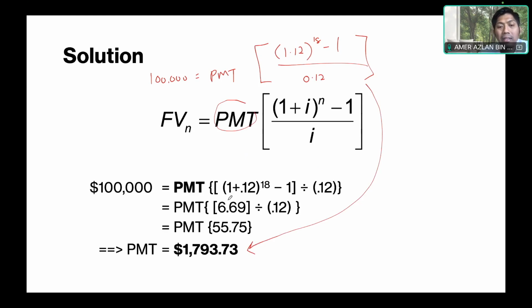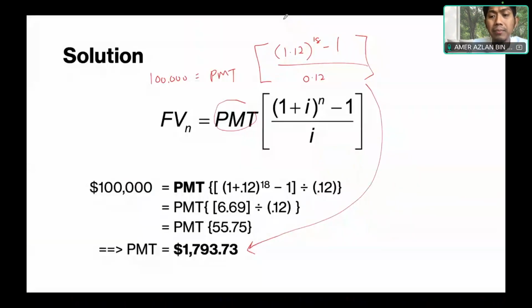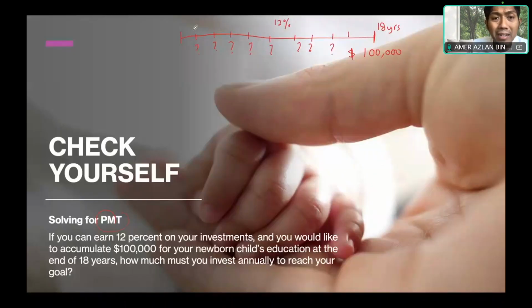1773 or 1793, which means that in order to have 100,000 when your daughter reaches 18 years old, and if you put the money in an account that gives you 12% return, you need to at least invest or save around 1,793 consistently every year. 1793 every year.